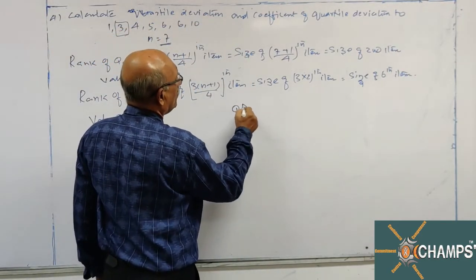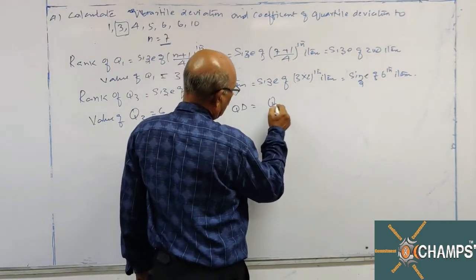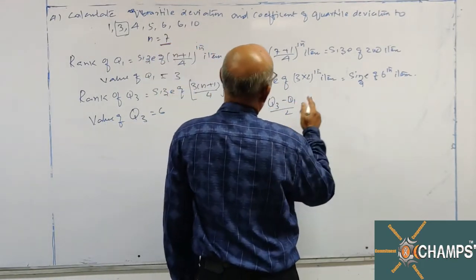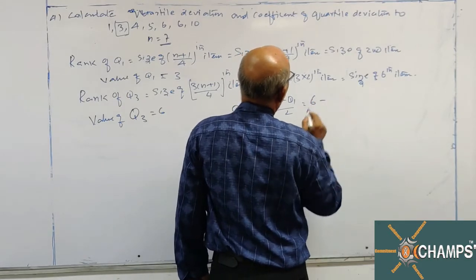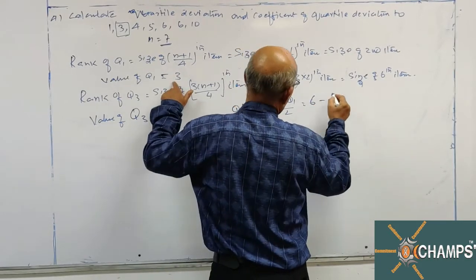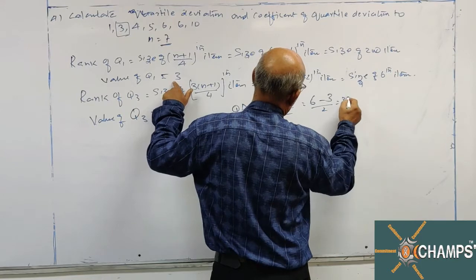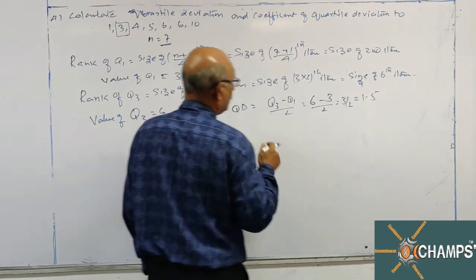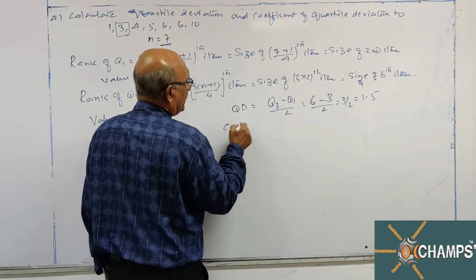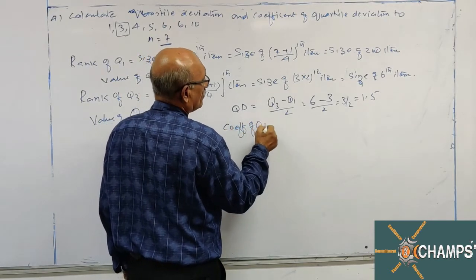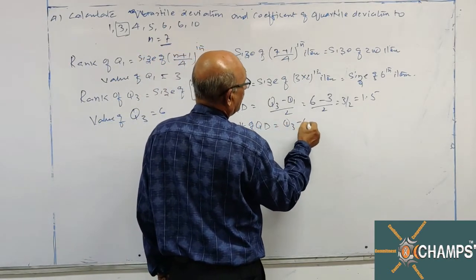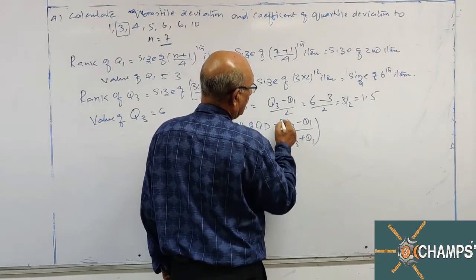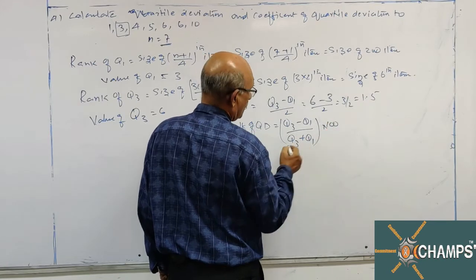Now QD is equal to Q3 minus Q1 by 2. This is 6 minus 3 divided by 2, 3 by 2, this is 1.5. Coefficient of QD is equal to Q3 minus Q1 by Q3 plus Q1 into 100.